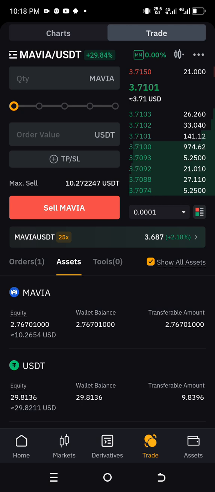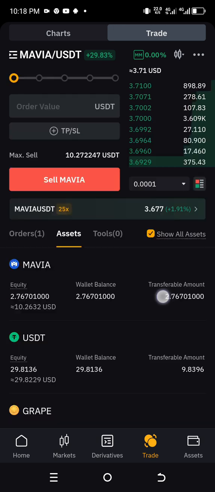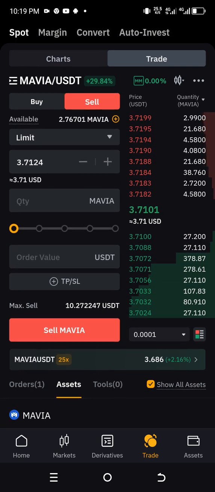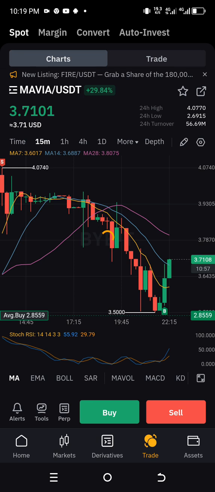You can see the second order here is 2.7, and the first order here is 3.2. All you need to do is follow this strategy bit by bit and start making your money.